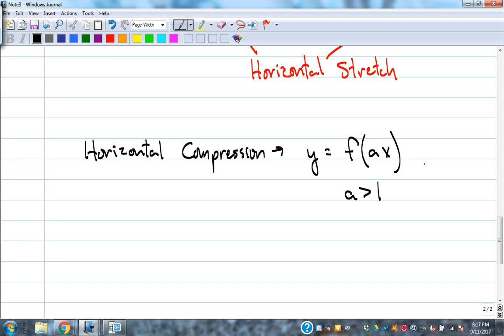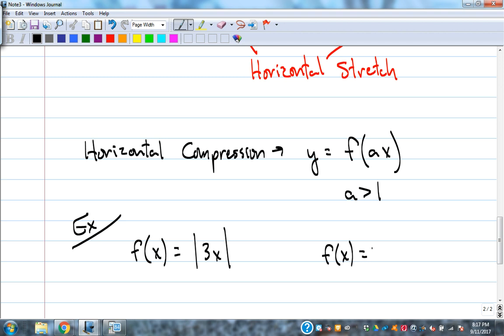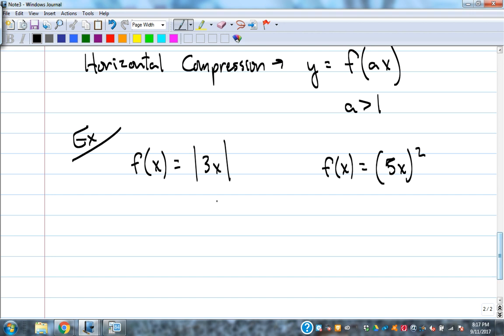A's got to be bigger than 1. Examples of that, using the same ones we've been talking about: the absolute value of like 3x, or 5x squared. Those things here and here say horizontal compression.